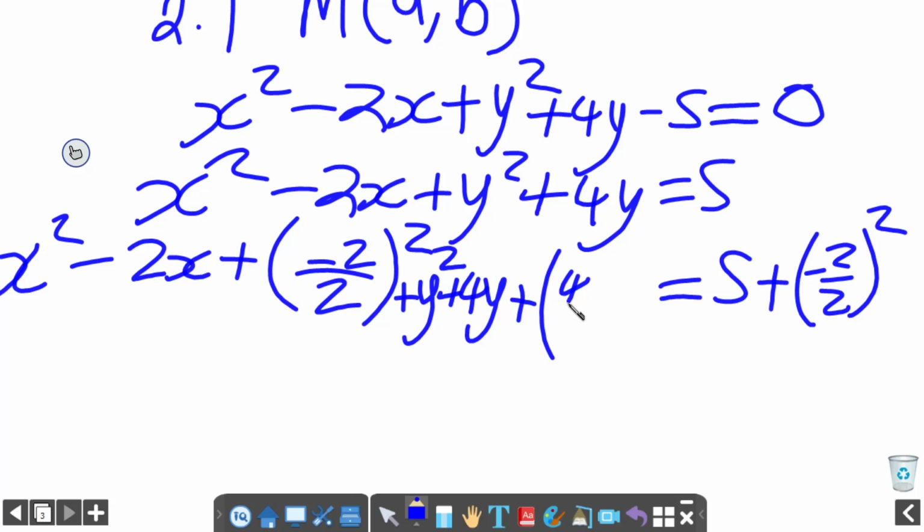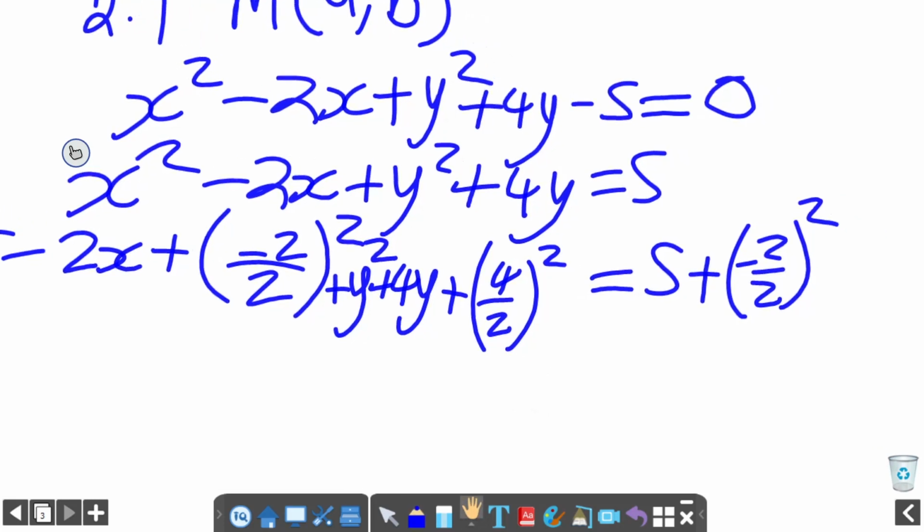We are showing the step. You get 1, which is amazing, it's right, but we are showing the step how you got the answer. Squared, and we must add that to the other side also. So plus 4 over 2 squared.